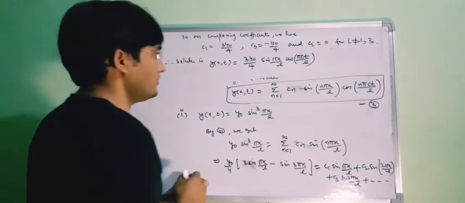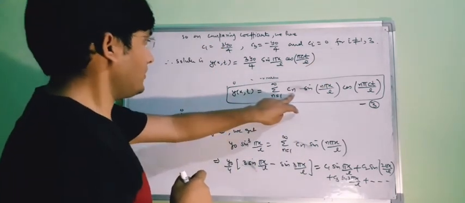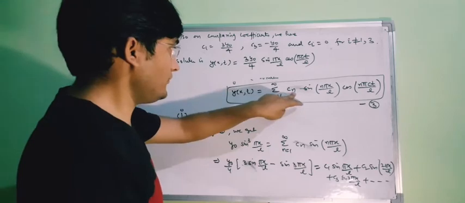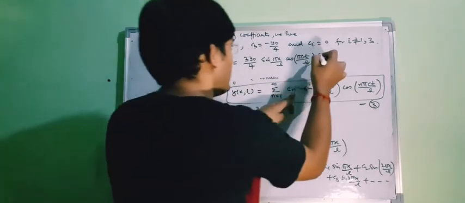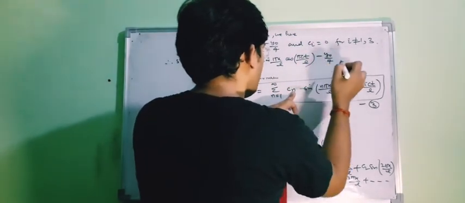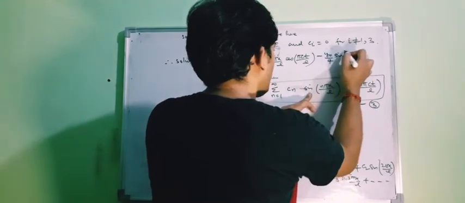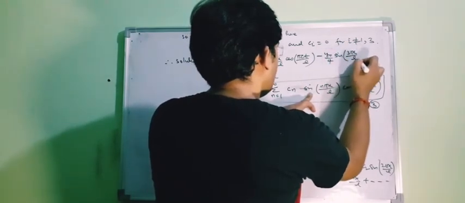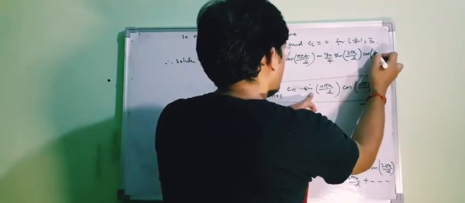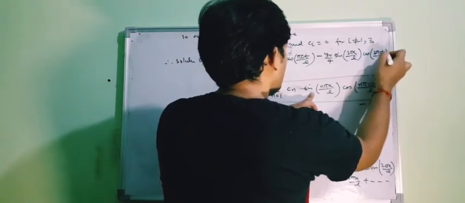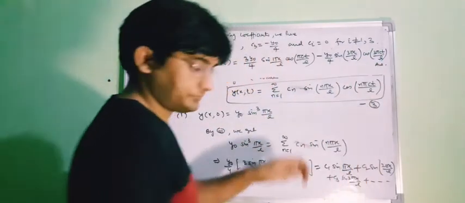This is your C1. Now C2 is 0. So if n is 3, then your C3 will be minus y0 upon 4. Then this will be your sin(3 pi x upon L) into cos(3 pi ct upon L). So this is your answer for the first part.